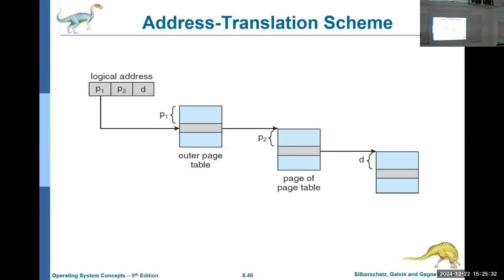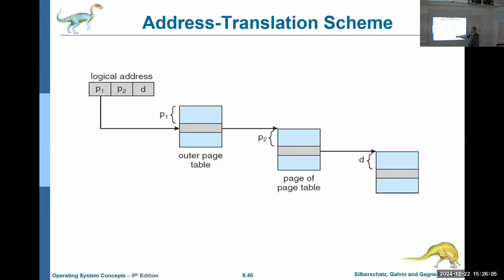Because I'll write 0, 0, 0, 0, 0, and 0, 0, 0, 0, 1, so I'll divide that in half. What used to be the P is now referred to as P1 and P2. As long as P1 remains the same, I'm still going to the same row in the outer one. Now the P2 is telling me which row in the inner page table.